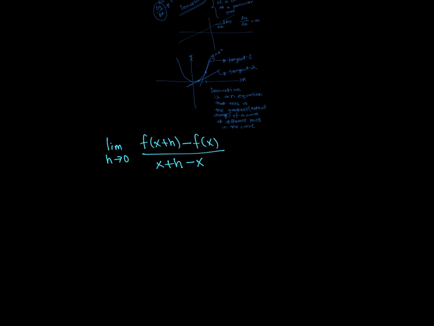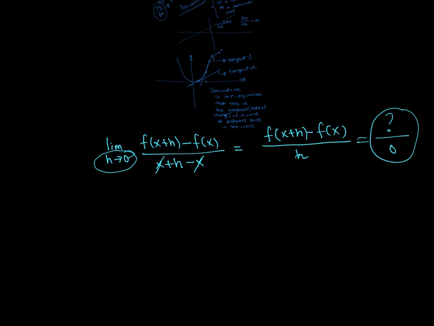If you simplify this, you would see that this is f of x plus h minus f of x divided by h, because this x cancels out and you remain with an h. Now you might say that as h approaches 0, this function won't be defined, because when we put h as 0, this whole thing would be something divided by 0, and something divided by 0 is undefined.